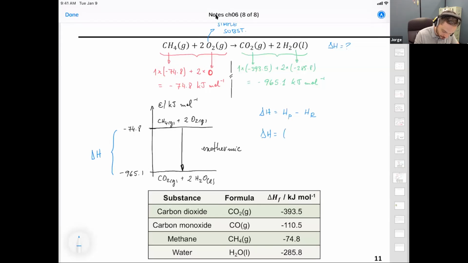Energy of the products is minus 965.1 minus energy of the reagents, minus 74.8. Okay, just be careful here with the signs. Minus with minus will become plus. Therefore, the enthalpy for the complete combustion reaction is minus 890.3 kilojoules per mole.